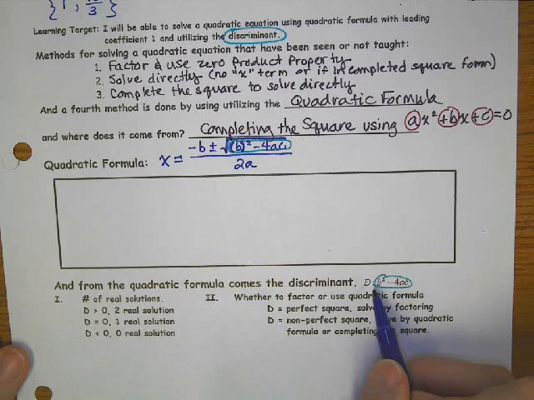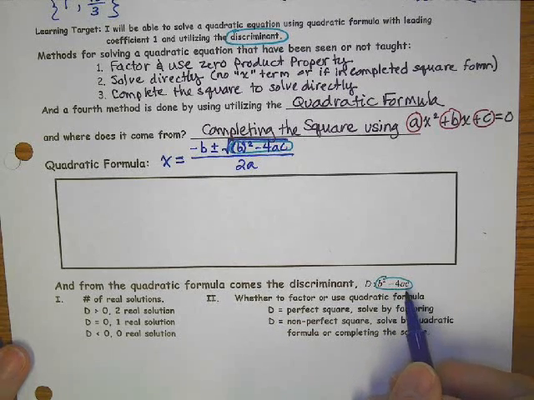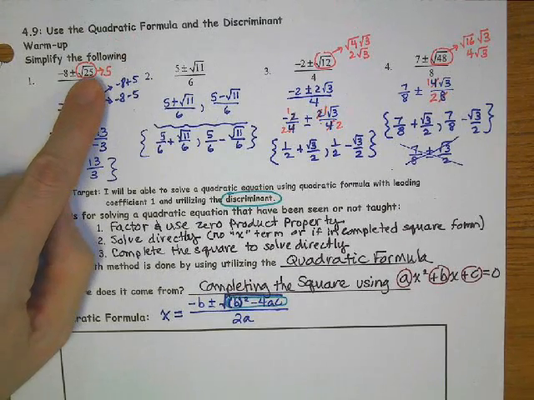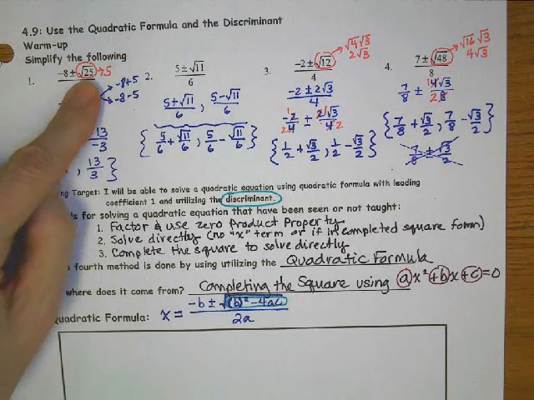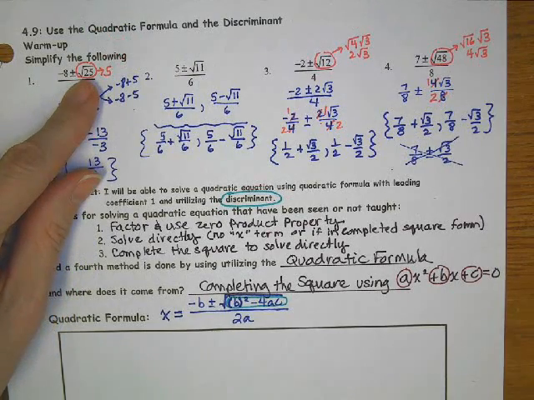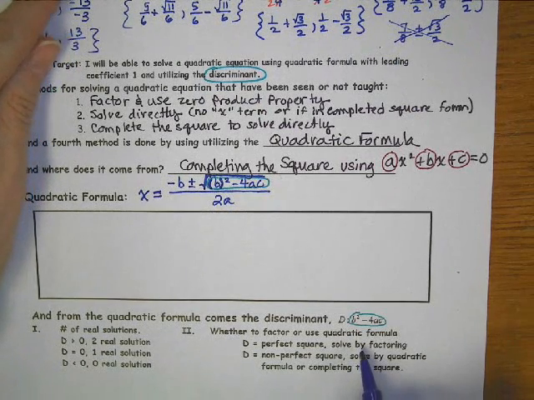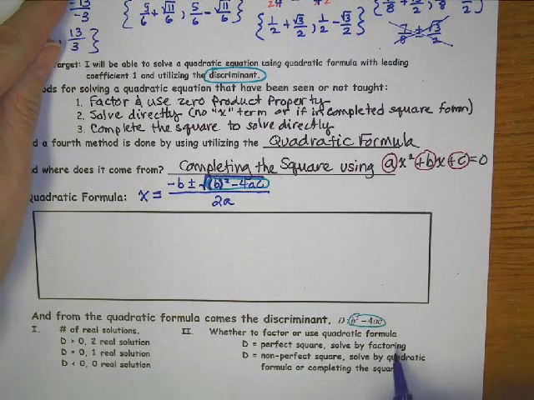So first of all, when you evaluate b squared minus 4ac, and we'll do examples of this on the back, if you do get a perfect square, for example, if we go up to number 1, where the number under the square root is a perfect square, 25, what that tells us is that we could have solved the original quadratic that resulted in that answer by factoring.